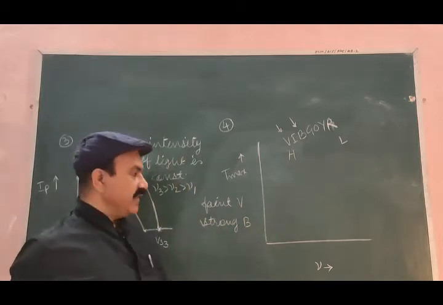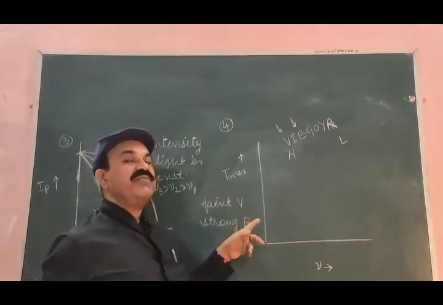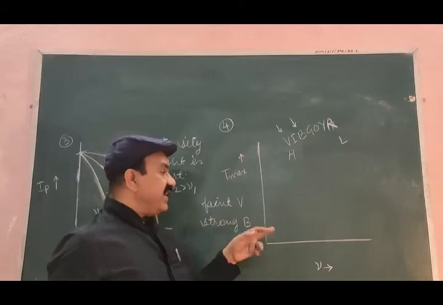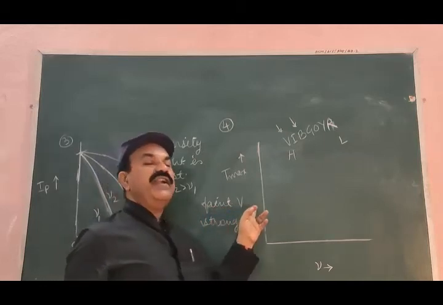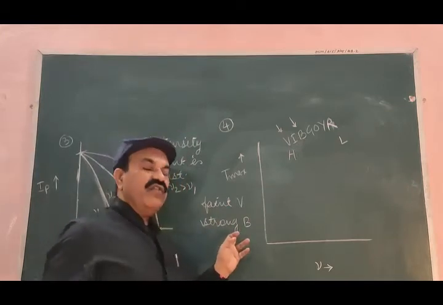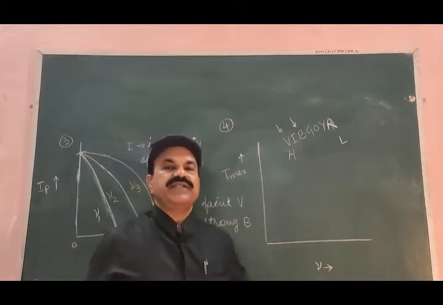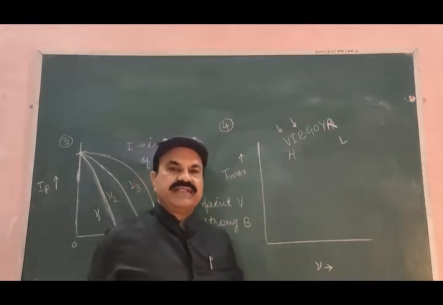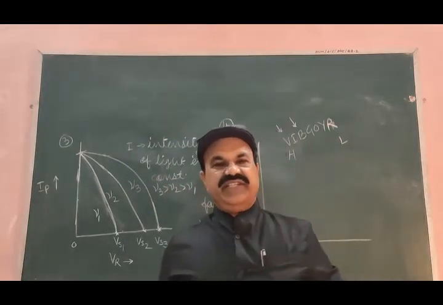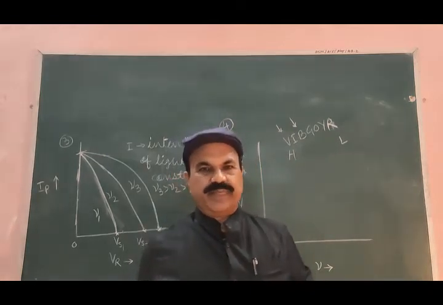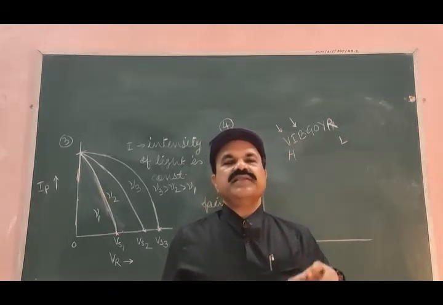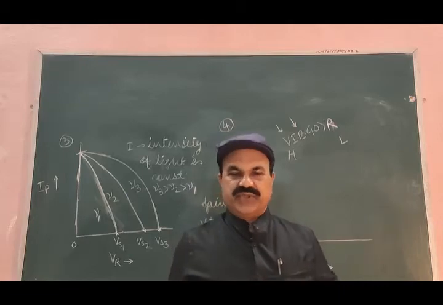But if you find the kinetic energy of the photoelectrons emitted, you will find that the kinetic energy of the electrons emitted with faint violet light is more than with intense blue light. It means that the kinetic energy of photoelectrons is independent of the intensity of the light falling on the photocell. Instead, it is always dependent on the frequency used.